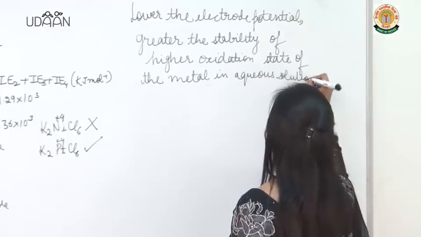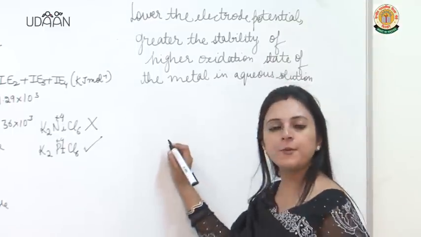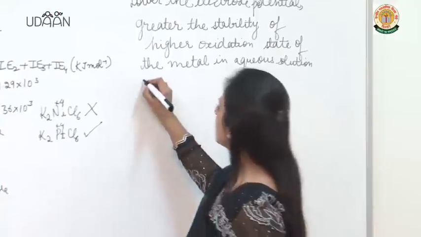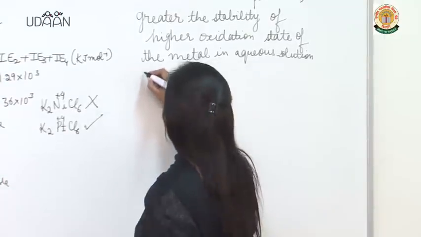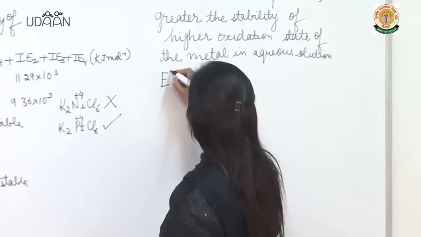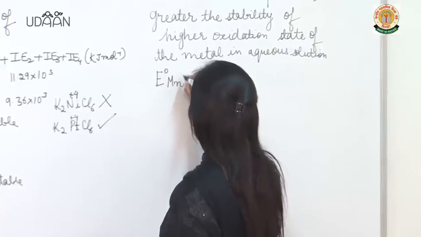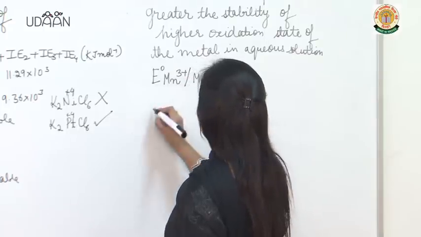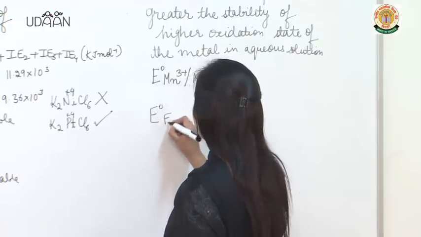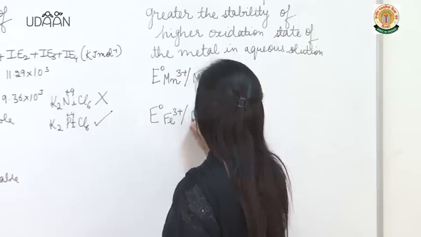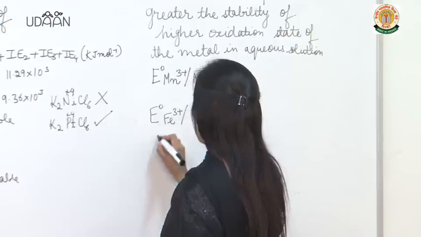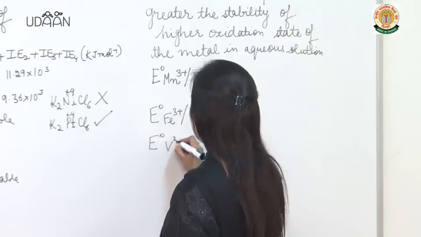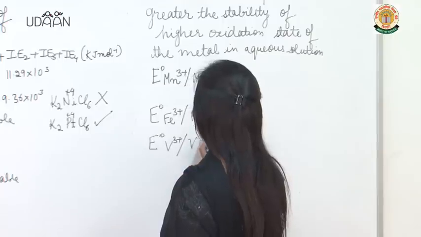Now, if I have to compare, let us talk about the E0 value of Mn3+, Mn2+, E0 value of Fe3+, Fe2+, and E0 value of V3+ and V2+.